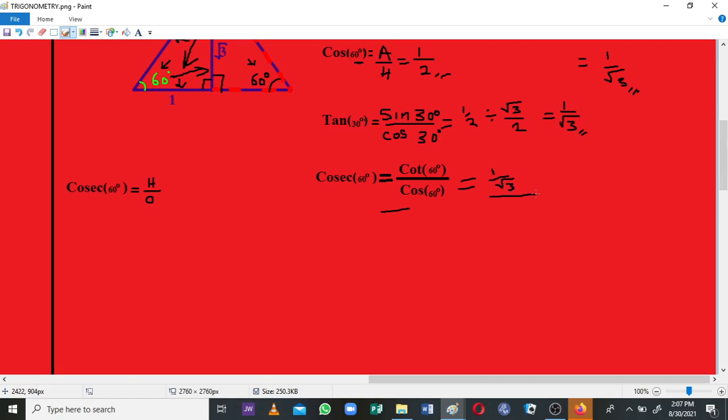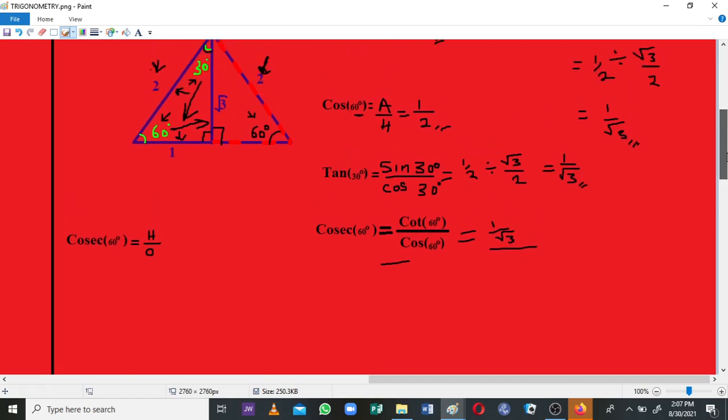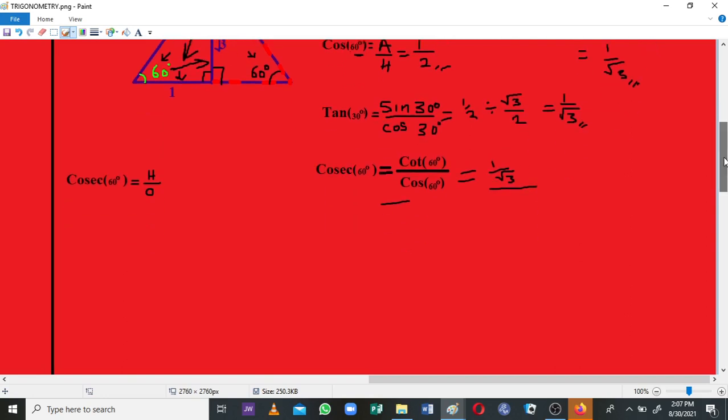Now we are dividing this by cos 60. Cos 60 was 1 over 2, right? So we are dividing this by 1 over 2, or by half. Now what does this give us? This gives us 2 over the square root of 3. So this is the value of cosec 60.